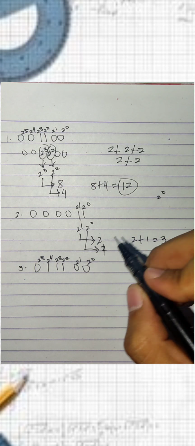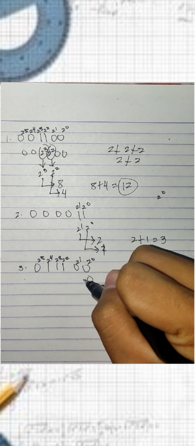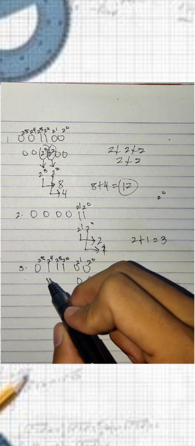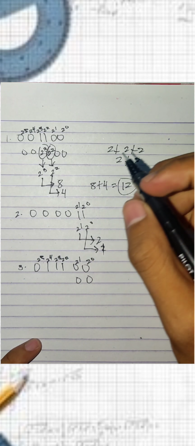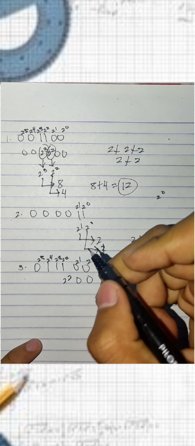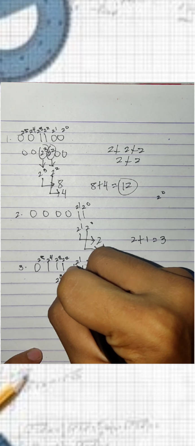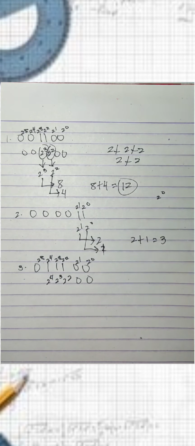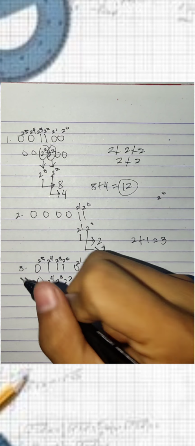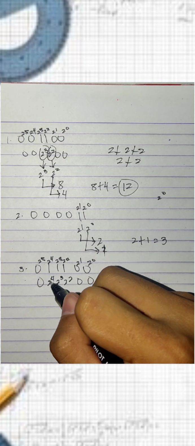So, di na natin papansin yan kasi 0, 0. Ito lang 1 na papansin natin. 1 times 2 is equals 2 squared. 1 times 2 is equals 2 to the third power. 1 times 2 is equals to 2 to the fourth power.